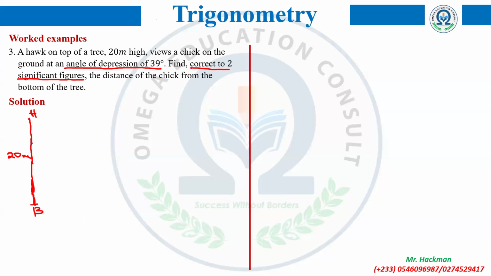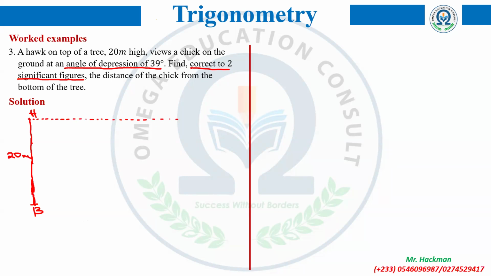Once the hawk is on top of the tree, if the hawk must sight the chick, which is down, your hawk must turn through a certain angle below the hawk's initial line of sight. So the hawk's initial line of sight will be a horizontal at the point that your hawk is.